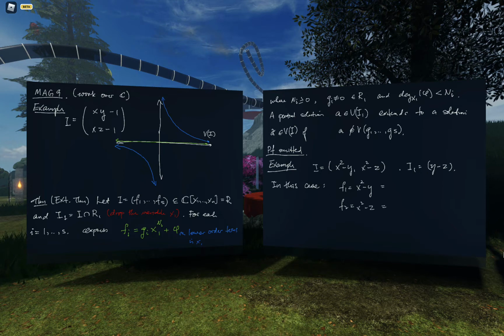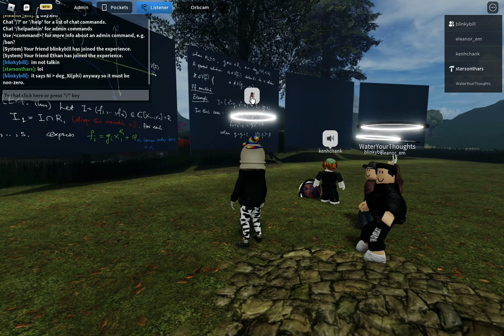And so we can put g's in front of the x's. So g1 is just going to be 1, and g2 is just going to be 1, where g1 and g2 are both 1. So in this case, V of g1, g2, I guess it's nothing, right?